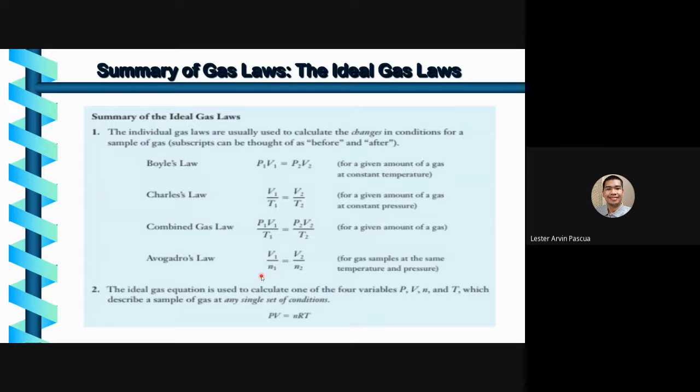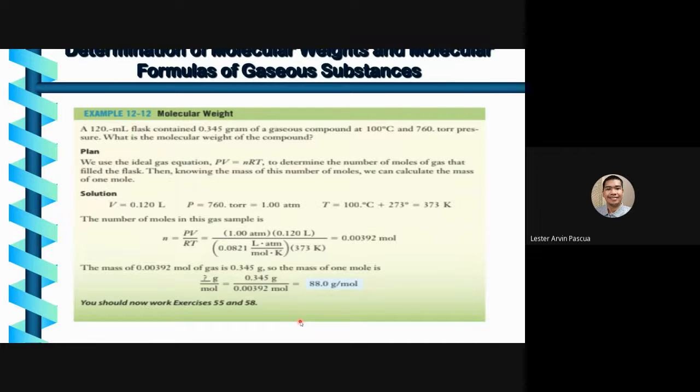So, this is just a summary of the Boyle's law, etc. And then your ideal gas law. This is just an example of calculations, determining your molecular weight. Parang pag manipulate mo lang din noong, kanina kinuha natin yung grams, dito kinukuha mo lang yung molar mass using your given.